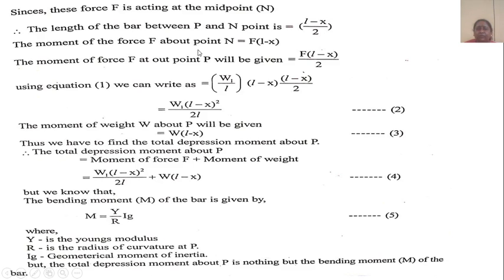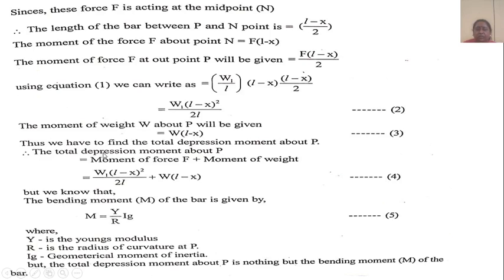The moment of the force F about point P is given by F into L minus x upon 2. Therefore, using equation 1, we can write W1 upon L into L minus x into L minus x upon 2. So, we get W1 into L minus x whole squared upon 2L, and the moment of weight W about P will be given by W into L minus x.